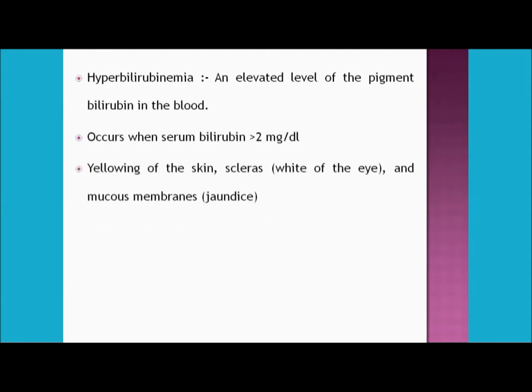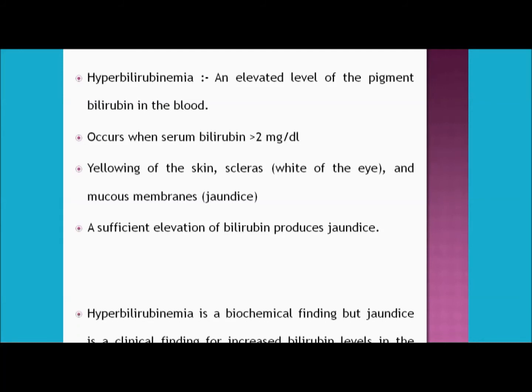Now what are the consequences of this? Yellowing of the skin will take place, yellowing of the sclera, means the white of the eye, and the mucous membrane, as in jaundice. So a sufficient elevation of bilirubin produces jaundice, we know that, right?